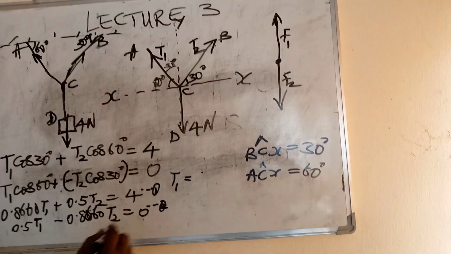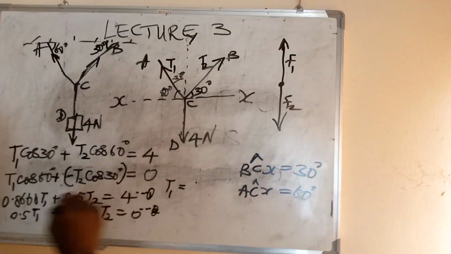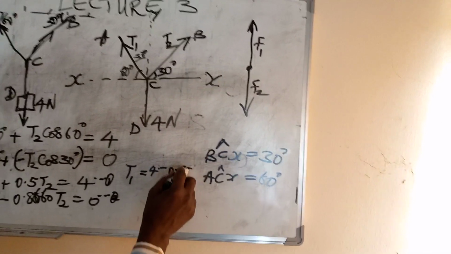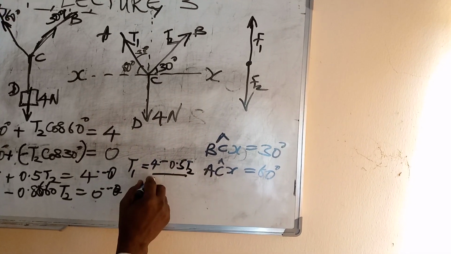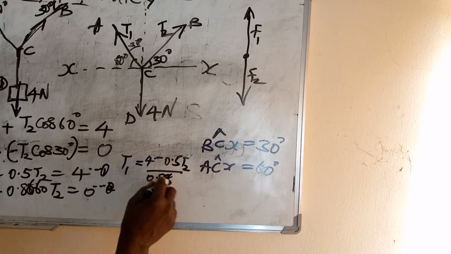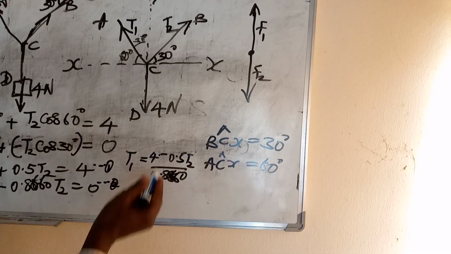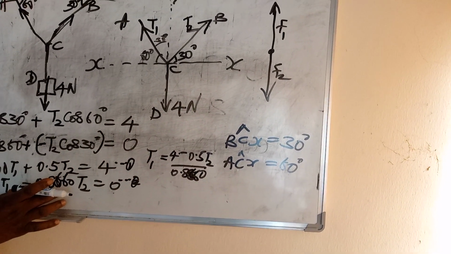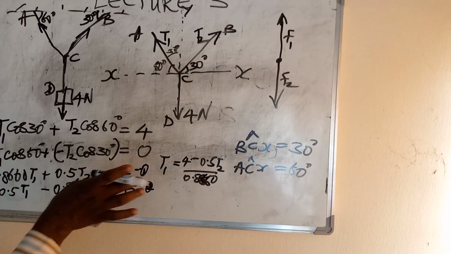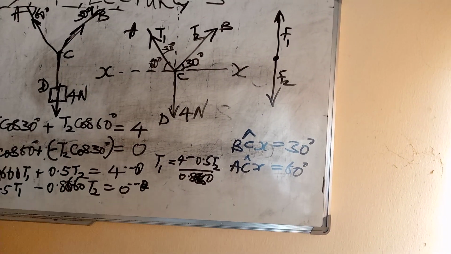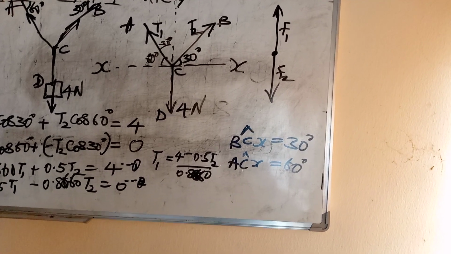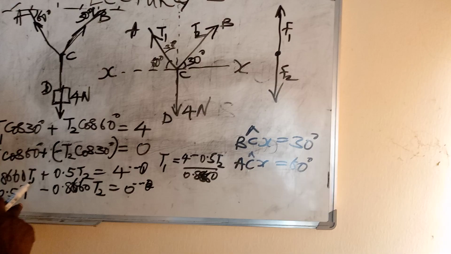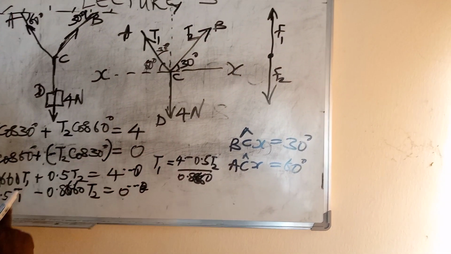In equation 1, I have T1 is equal to 4 minus 0.5 T2 all over 0.8660. If I get this T1, I can replace it in the second equation so that I have only T2 throughout, and I solve my problem.